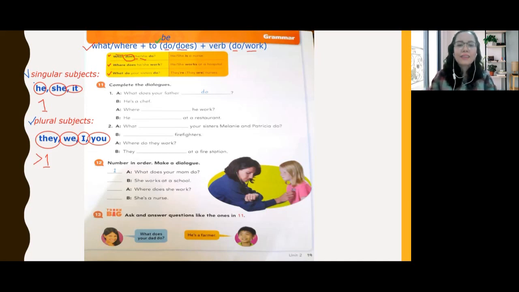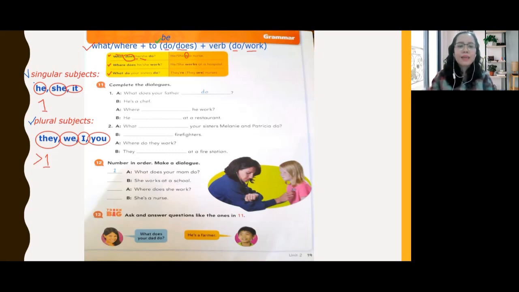And then the answer, because this is asking about someone's occupation, for singular subject, we have to use to be is. Yeah, he is a nurse or she is a nurse.